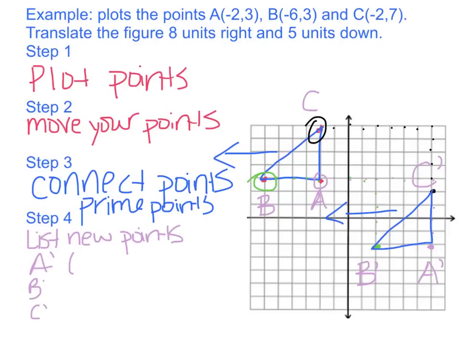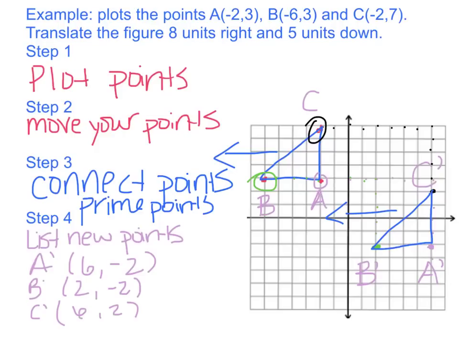So A prime is 1, 2, 3, 4, 6, comma, -2. B is 1, 2, 1, -2. And C is 1, 2, 3, 4, 5, 6, 2.